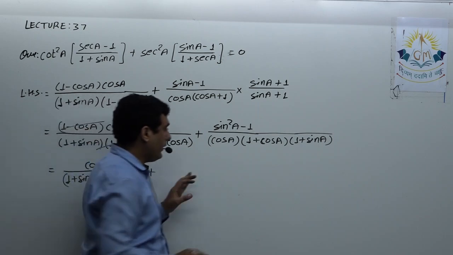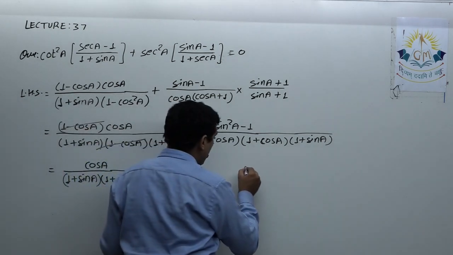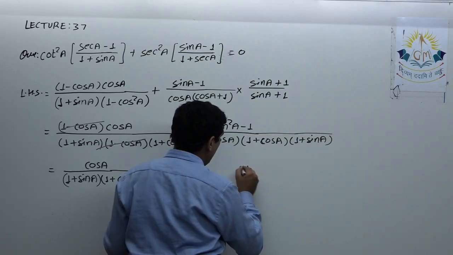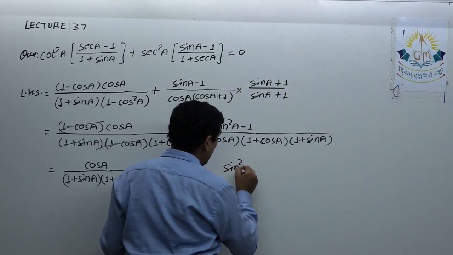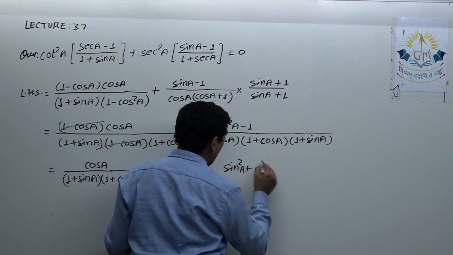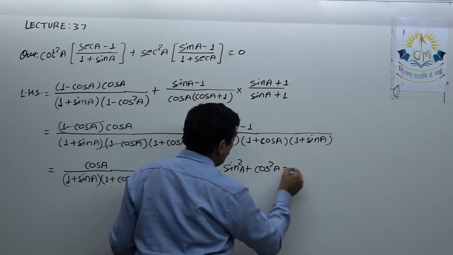Now this sin square A minus 1, see the identity, that is sin square A plus cos square A is equal to 1.